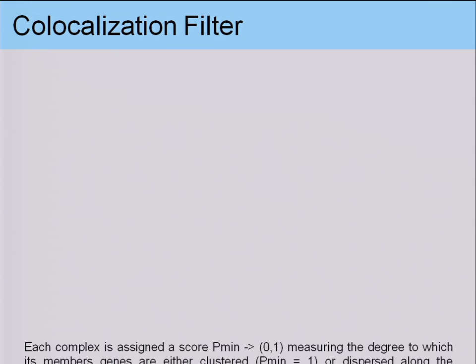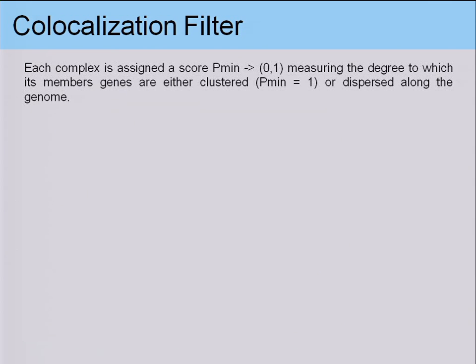So we thought about this for a while, and what we came up with is that for each complex or functional term that we're going to search for enrichments, we assign a particular score. I won't go too much into the details, but essentially this score spans a range from 0 to 1, which measures the degree to which the member genes of this complex or functional annotation are clustered.